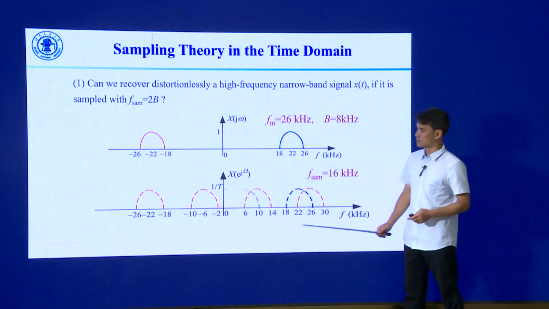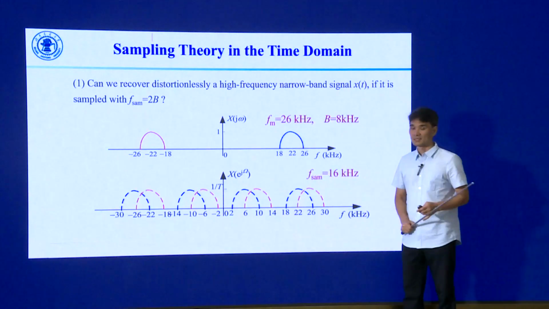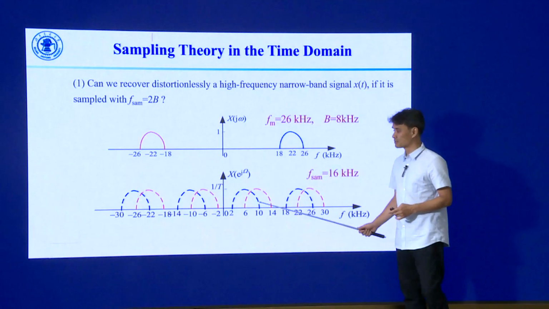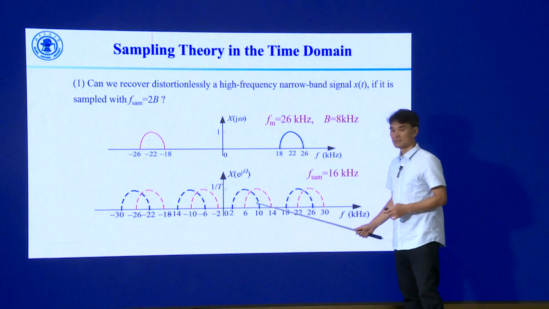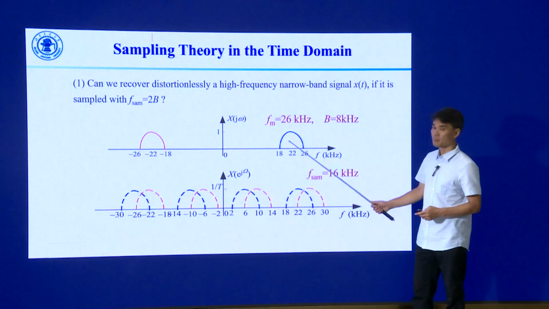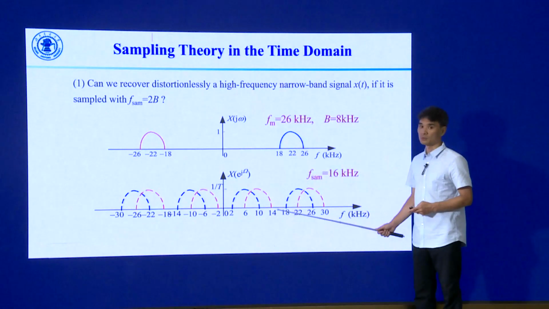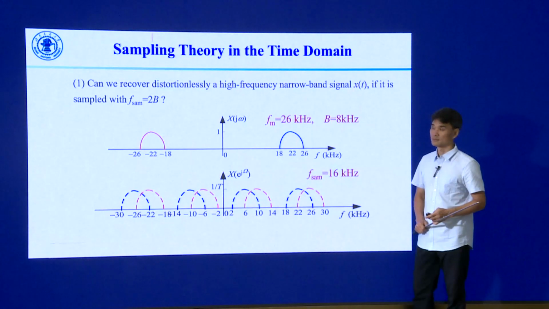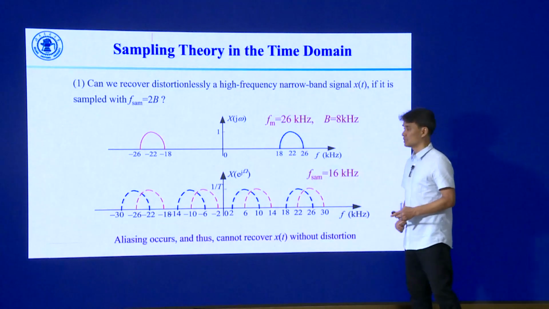And here is how we periodize the signal. There is some overlap in here, and this will significantly distort the original signal. So we won't be able to recover the original signal anymore. So the first question is no.